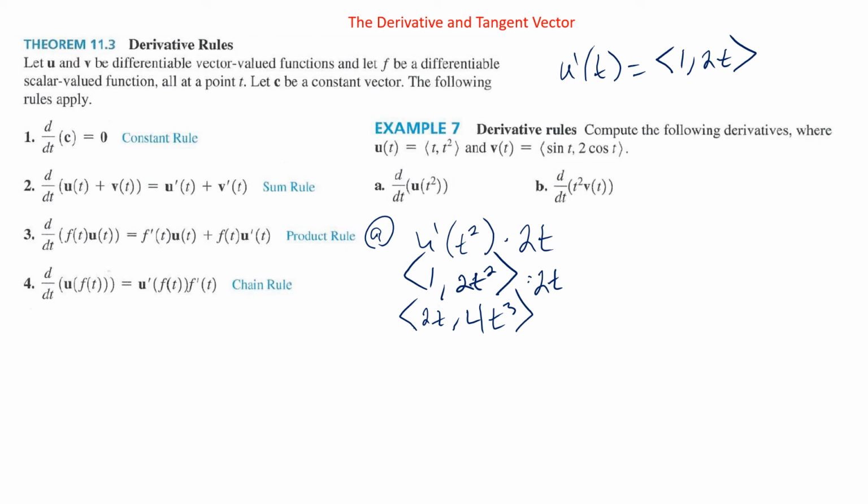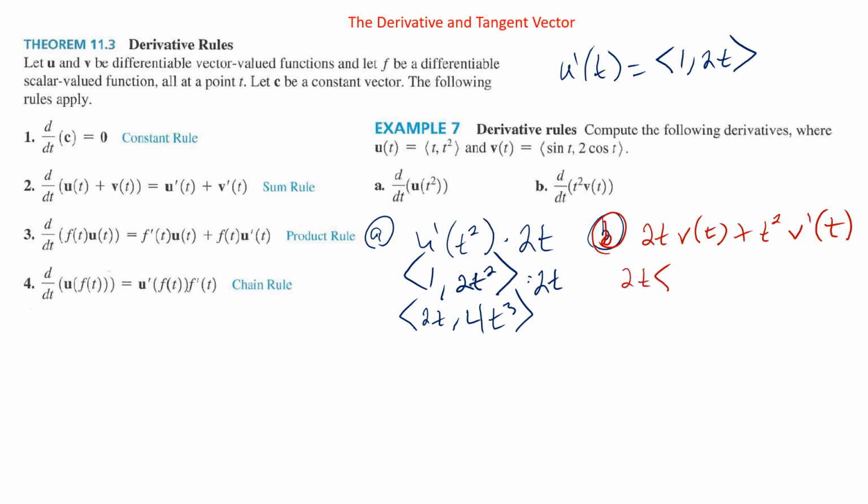And then b, we have t squared times v of t. This is a product rule. So we'll have 2t v of t plus t squared v prime of t. So that'll give us 2t.